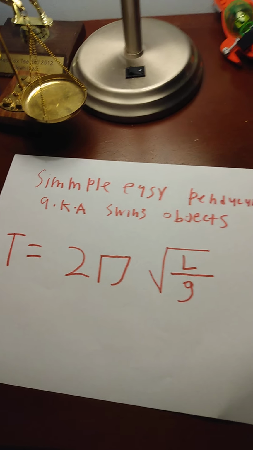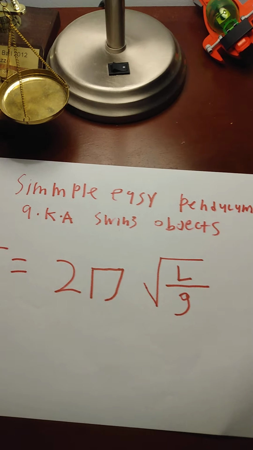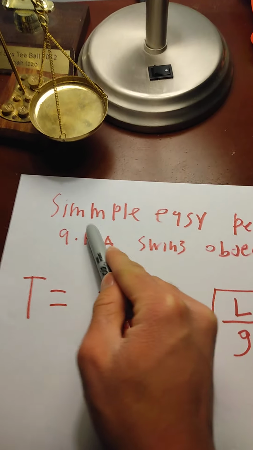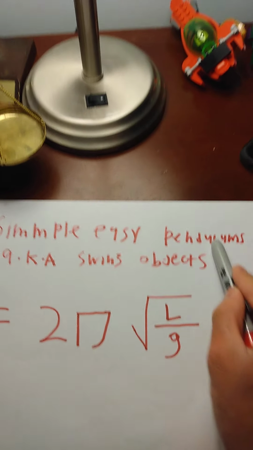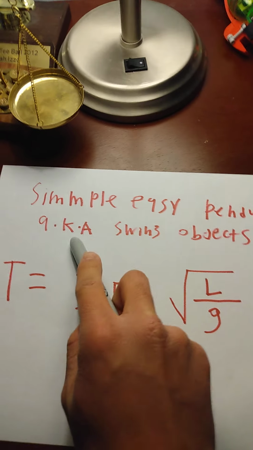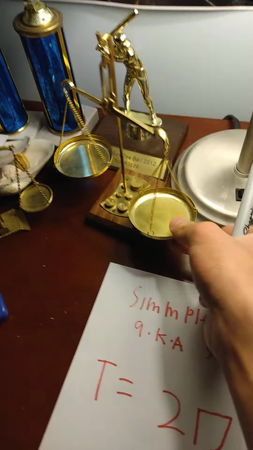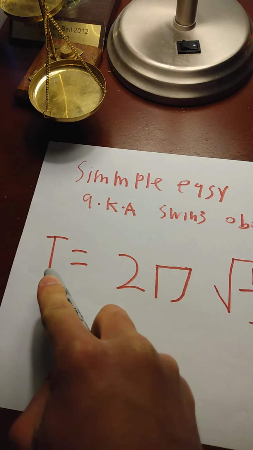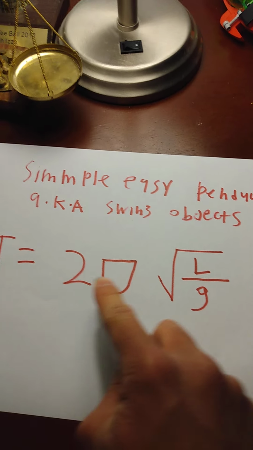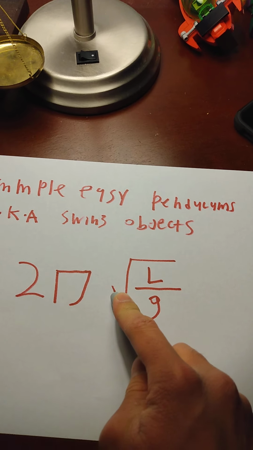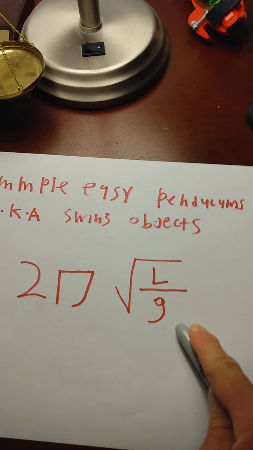Today is New Year's Day, so this year it will be 2021! To celebrate with math, we are going to talk about simple pendulums, also known as swinging objects, like when you're swinging on a swing. The formula is time equals 2 pi times the square root of length divided by gravity.